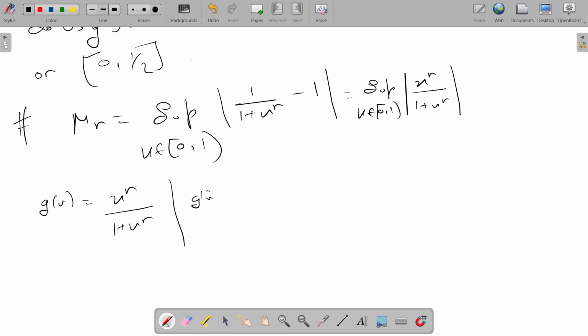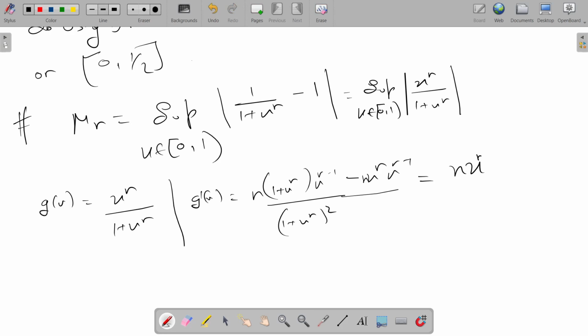Now g dash x will be the quotient over 1 plus x to the power n whole square, with numerator n x to the power n minus 1 times 1 plus x to the power n, minus x to the power n times n x to the power n minus 1. The terms will get cut out. So basically g dash x is n x to the power n minus 1 by 1 plus x to the power n whole square, which is greater than or equal to 0.